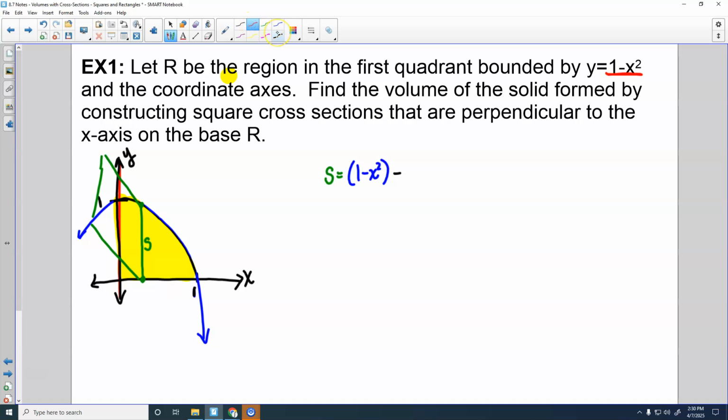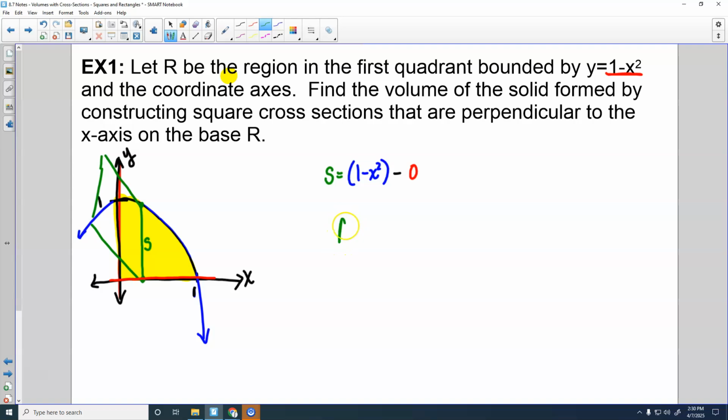In this particular case, what is the bottom function? There's really not one, but it's the x-axis, which is just y equals 0 right there. So it's not really necessary to put that here, but there will be somewhere it is, so I'm going to point that out. So we've got top function minus bottom function gives me the length of that side.